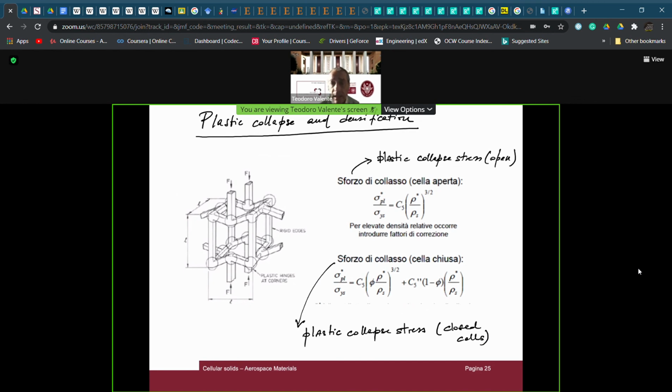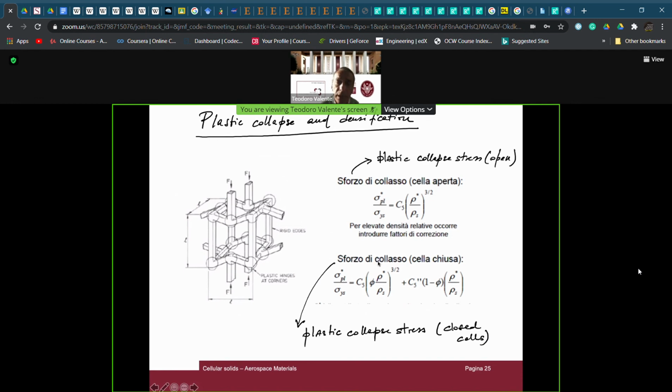In the case of open cells, we have the first simple equation. In the case of closed cells, we have, again, I would say, a simple equation, but in which, like in our previous examples, we do have the phi coefficient, which tells us something about the mass distribution on edges and on faces.